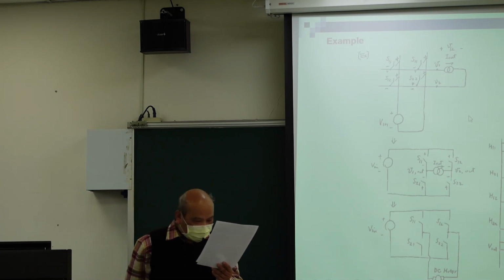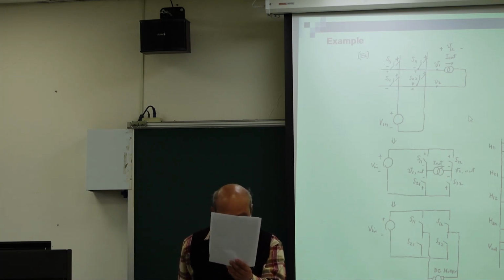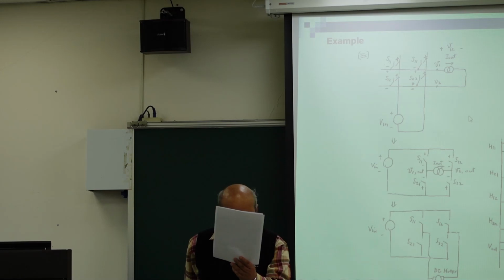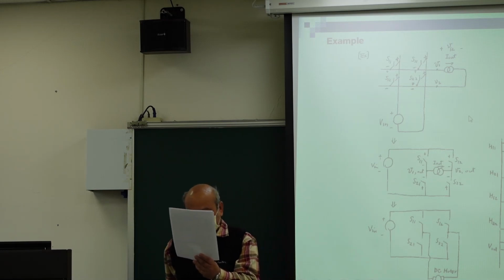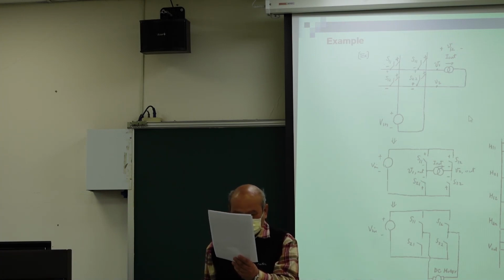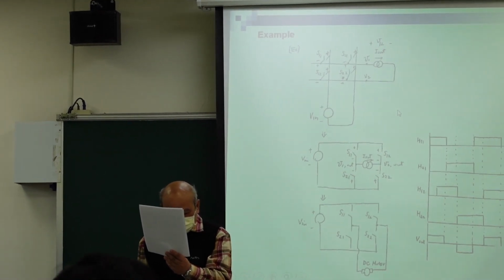The switching function of the ideal diode is: if the switch current is larger than 0, then the diode is turned on. If the V switch is less than 0, then the diode is turned off. So we have 3 diodes.